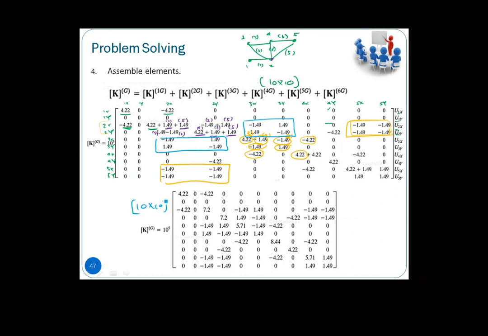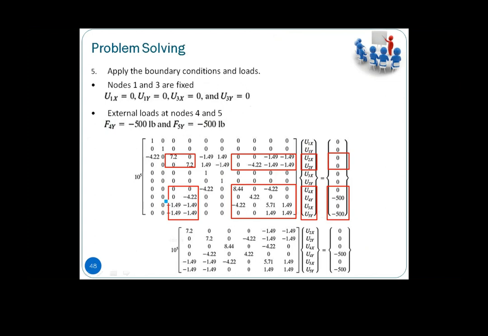All right. So once we have this global stiffness matrix, the next step is to insert the loads and boundaries. If you still remember, our truss system is something similar to this, right? The load is applied here.